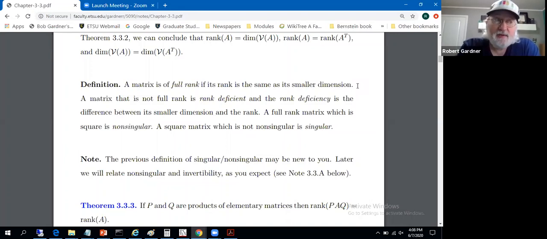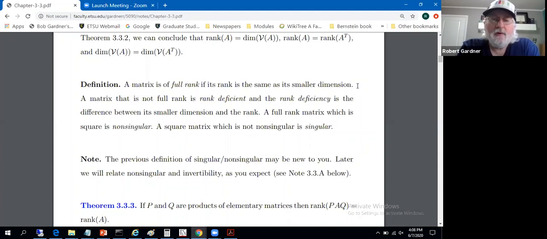Pivots were the first non-zero entries in the rows when we had the matrix in row echelon form or reduced row echelon form. Well, how much room is there for pivots? I mean, how many pivots could there be? If it's the first non-zero row entry, there can't be more pivots than there are rows. So the rank couldn't be any bigger than the number of rows.